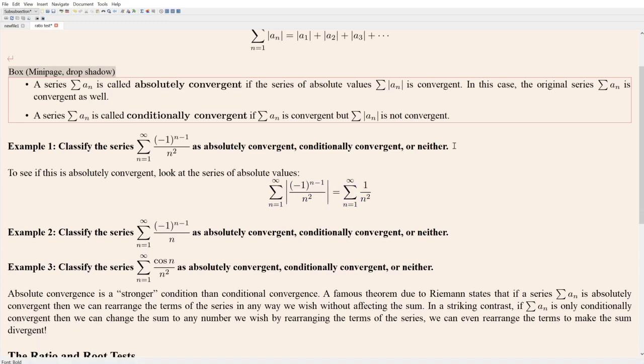Like so. So what about this dude? Well, we know that this converges because it's a p-series with p equals 2, greater than 1.